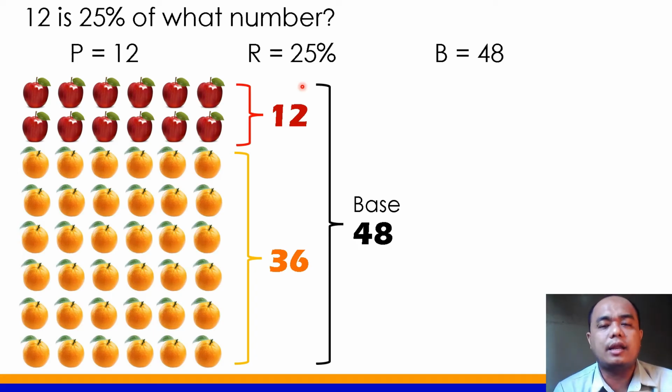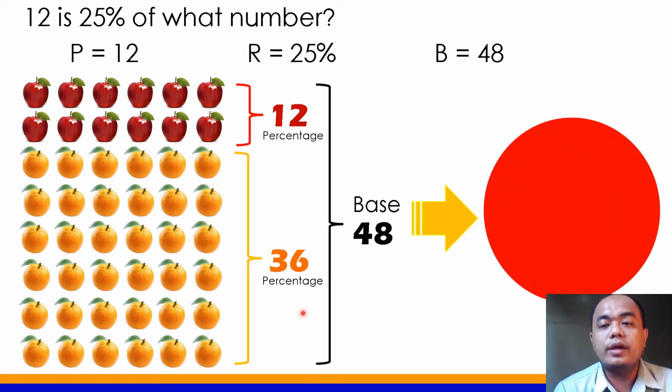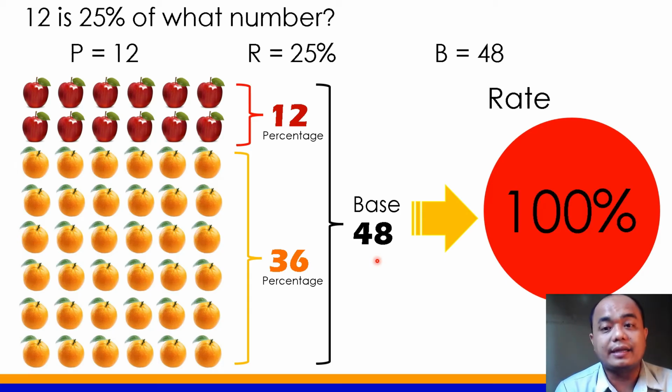Para mas maintindihan nyo talaga, let us have this illustration. I-relate natin naman ito, yung mga data natin dito sa rate or sa percent naman. Okay? So again, this is percentage and percentage din itong 36. Okay? So we have here 100%. Let us convert 48 here as our base to 100% na rate.